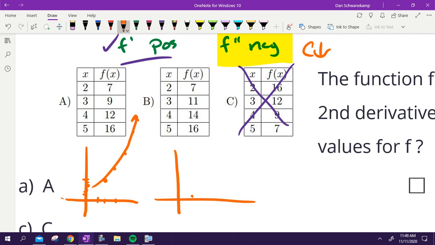That's concave up. 2, 7, 3, 11, 4, 14, 5, 16. Concave down. It's increasing, but it's increasing by less and less each time, which means it's decelerating if you want to get fancy. The acceleration is negative there, because it's not increasing at the same rate.